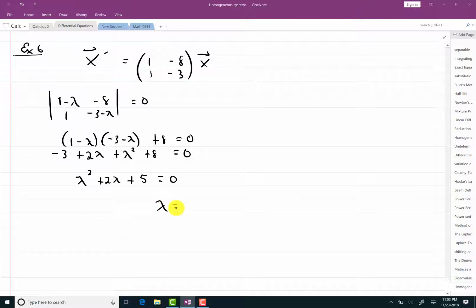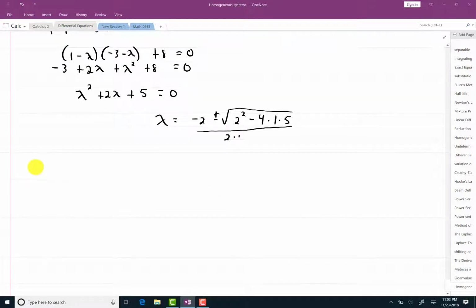And so I use the quadratic formula. Lambda equals negative 2 plus and minus the square root of 2 squared minus 4 times 1 times 5, all of that divided by 2 times 1. That equals negative 2 plus and minus, here I have 4 minus 20, so the square root of negative 16 all over 2.